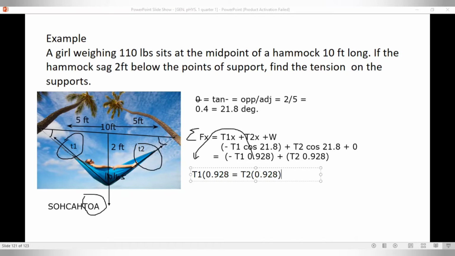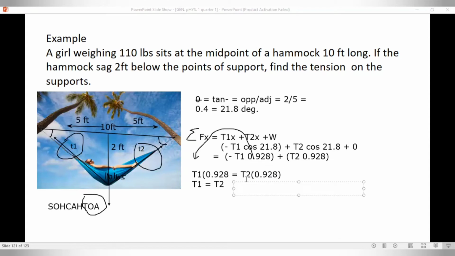Therefore, your T1 is equal to your T sub 2. So, kaya tinawag siyang translational. Now, this is for X component.